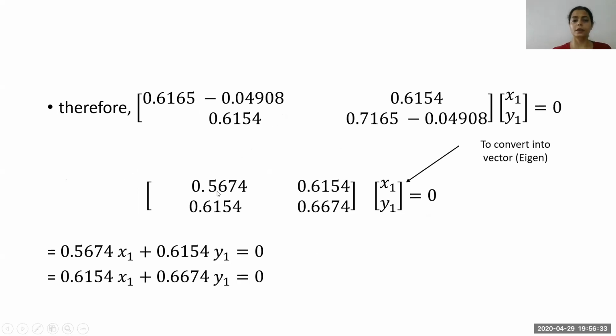Now, this is the final equation after subtracting that we have got. And now we will do the matrix multiplication, as this equation is of the form A into x is equal to 0. And these are the equations that we have got.